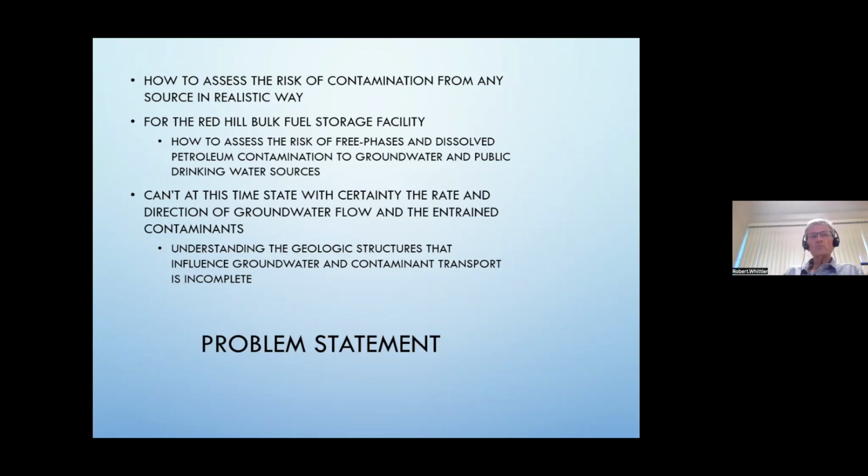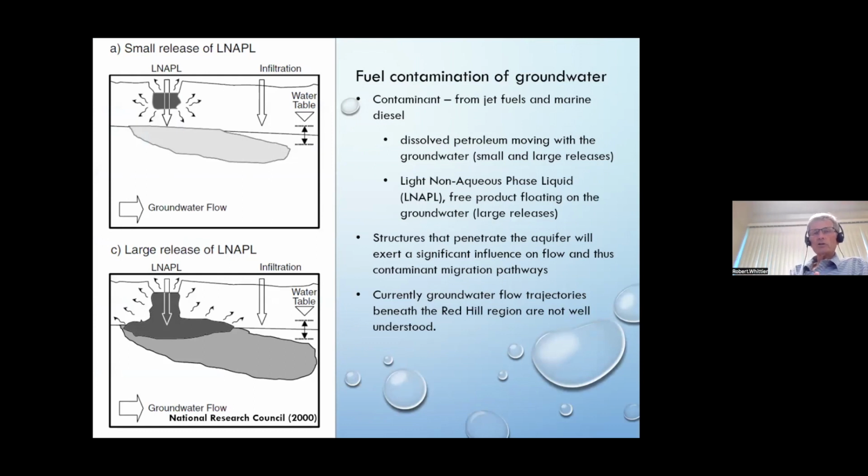At this point in time, we can't state with certainty the rate or direction of groundwater flow, and thus we can't state with certainty the rate and direction that contamination will move. Key to gaining this understanding is looking at the geologic structures that influence groundwater and contaminant transport, which currently is incomplete.